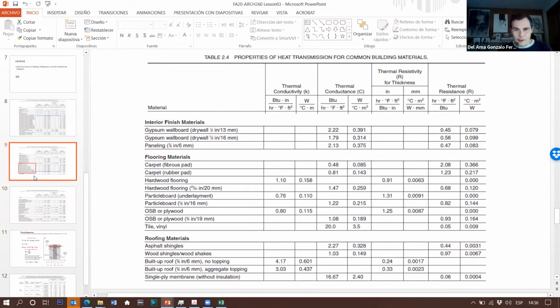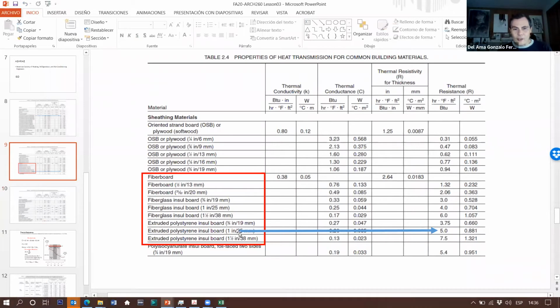And for other materials, we don't have the thermal resistance for our thickness, so we have to calculate. If we have the 1 inch board, and this is this value, we have to multiply this value times the actual thickness of our board.